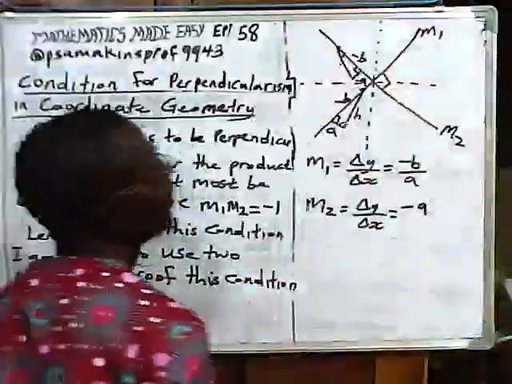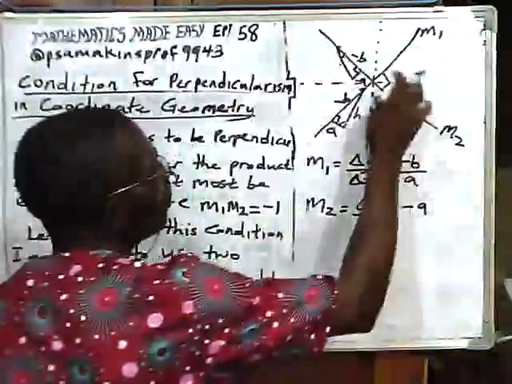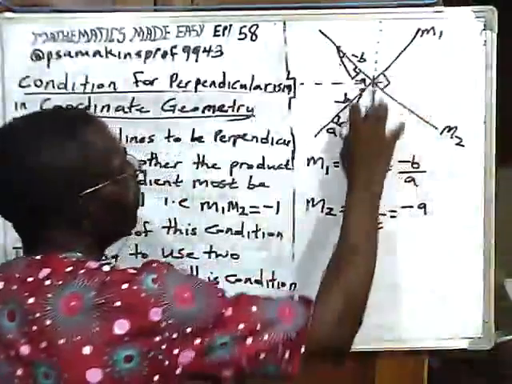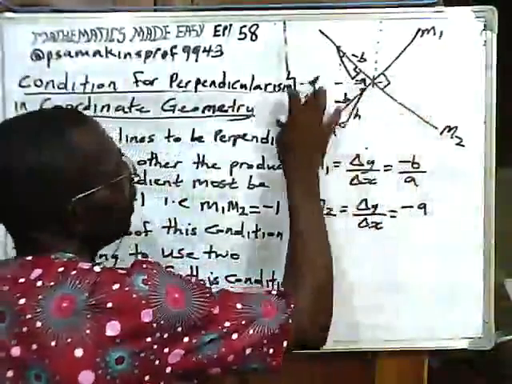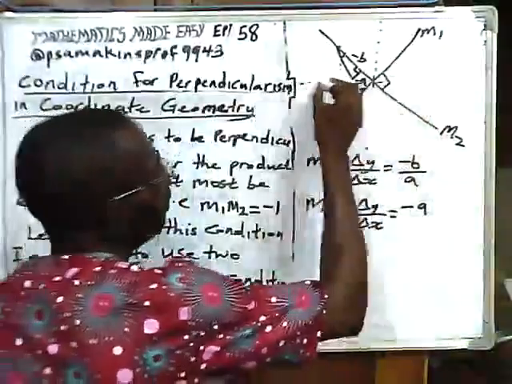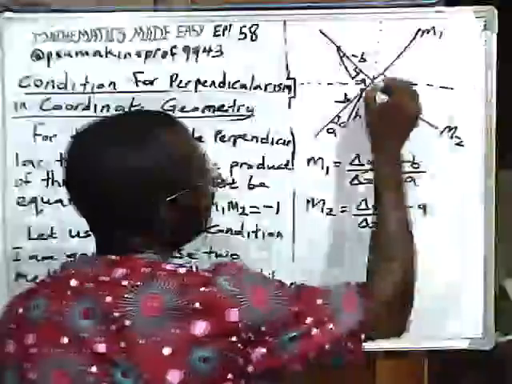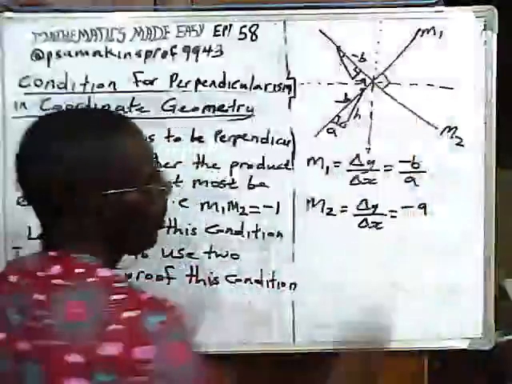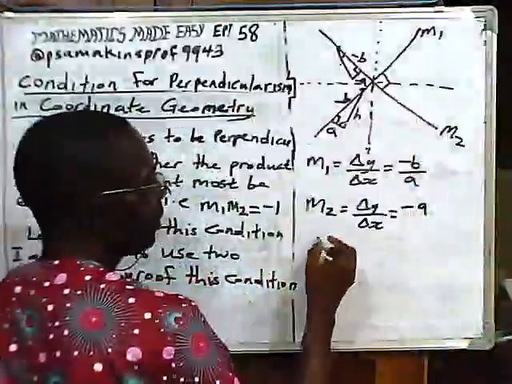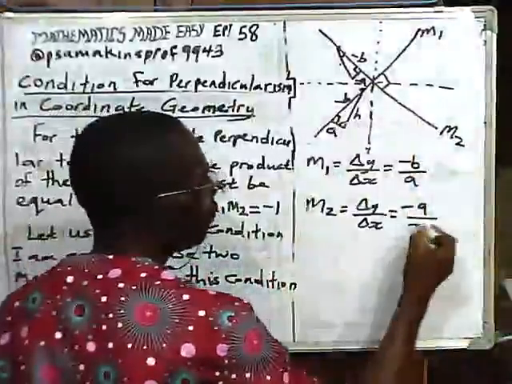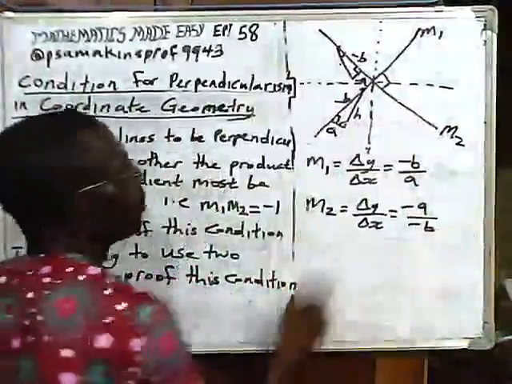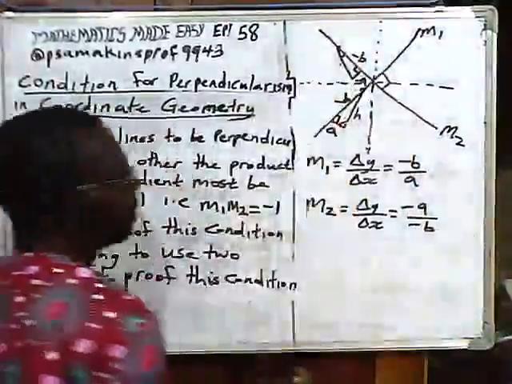So if we take our coordinates that way, we know that that one will be the negative side. At the same time, down the line we have the negative side. So from there we can now say, okay, -B, because of that side that we are taking.